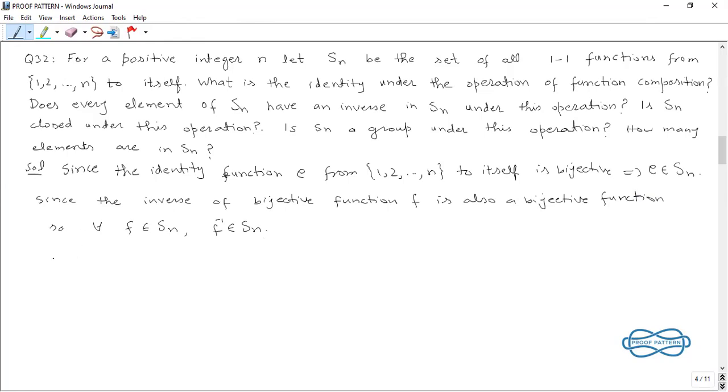It means the inverse of every element of Sn also exists.